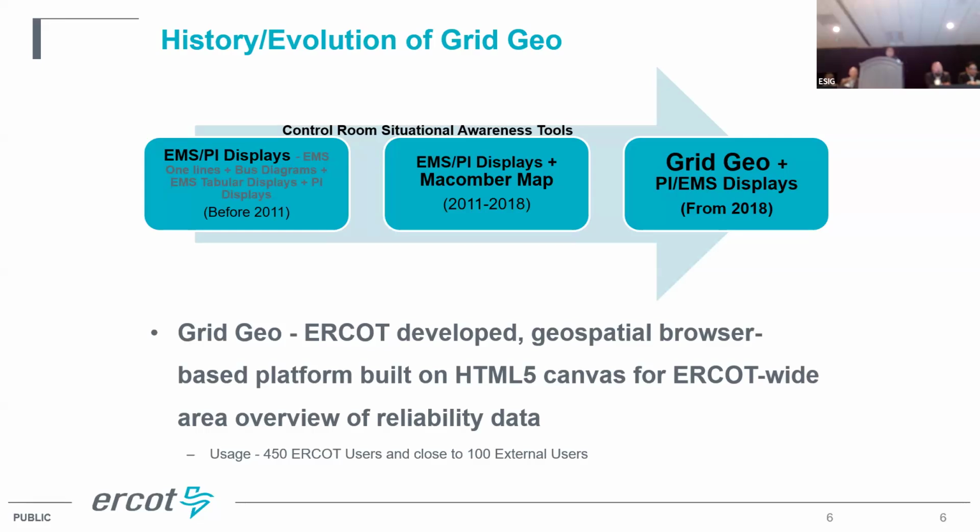It is a geospatial, browser-based HTML5 canvas for the entire ERCOT system, and it's, formally speaking, very cool. It gives you the entire Texas map, and users can drill in as narrowly as they want, or dial back to look at the entire system, in conjunction with different filters and many different functionalities that are very self-explanatory.